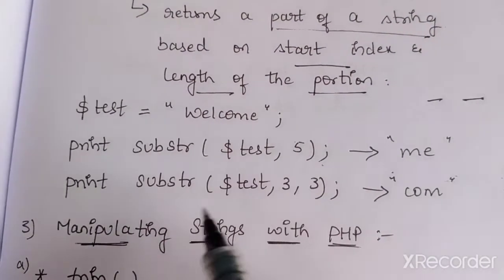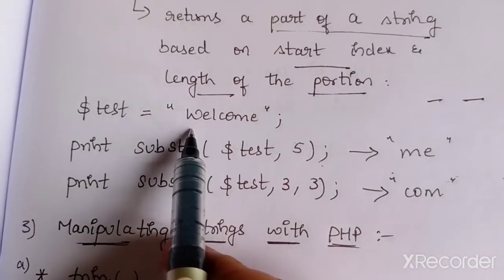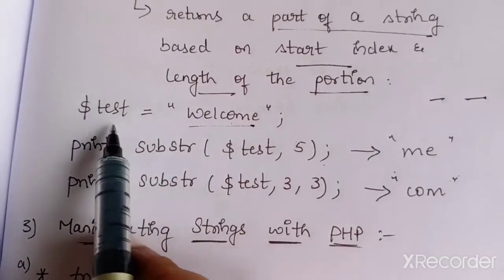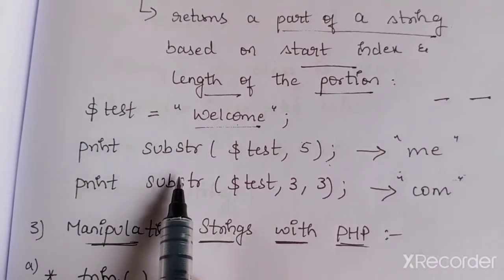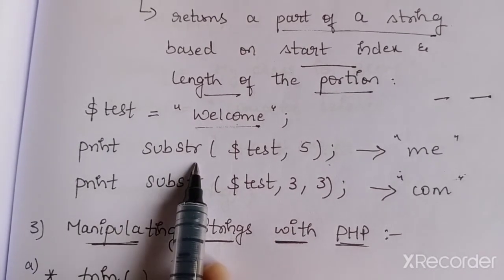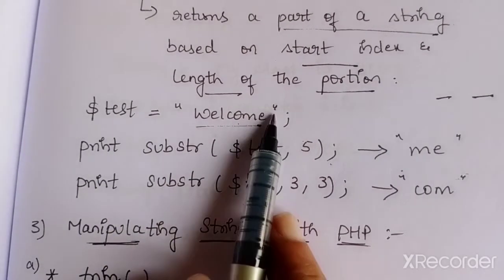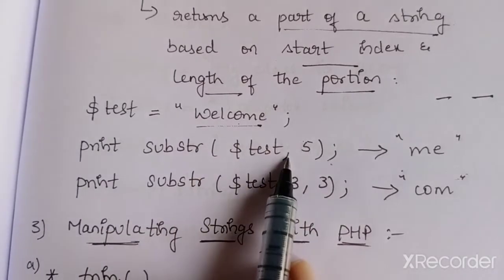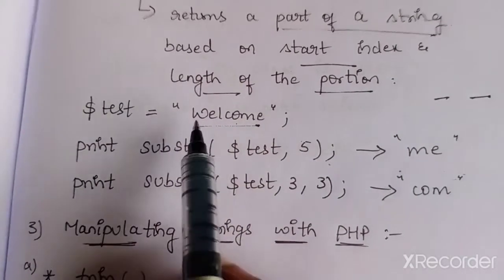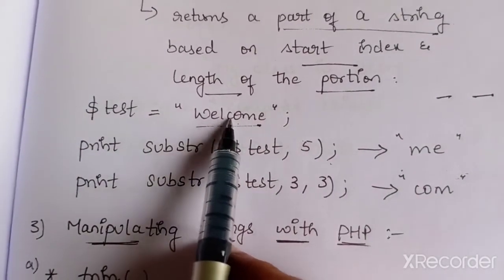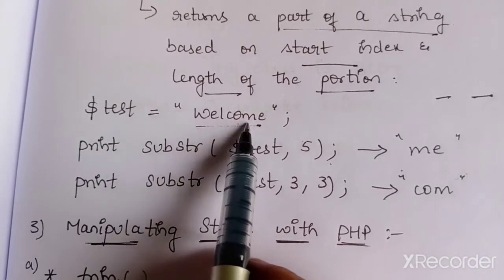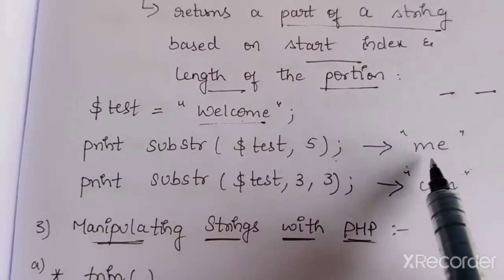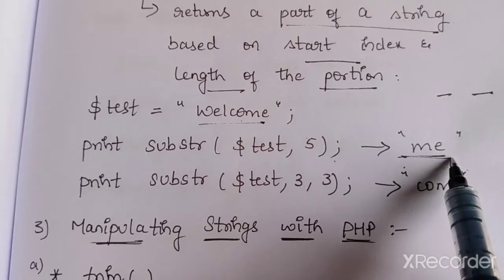For example, we have one string welcome which is stored in a variable test. Then if we write substr, we are taking the part of the string from 5. That means 1, 2, 3, 4, 5. After 5 we have ME. So the output will be printed as ME.